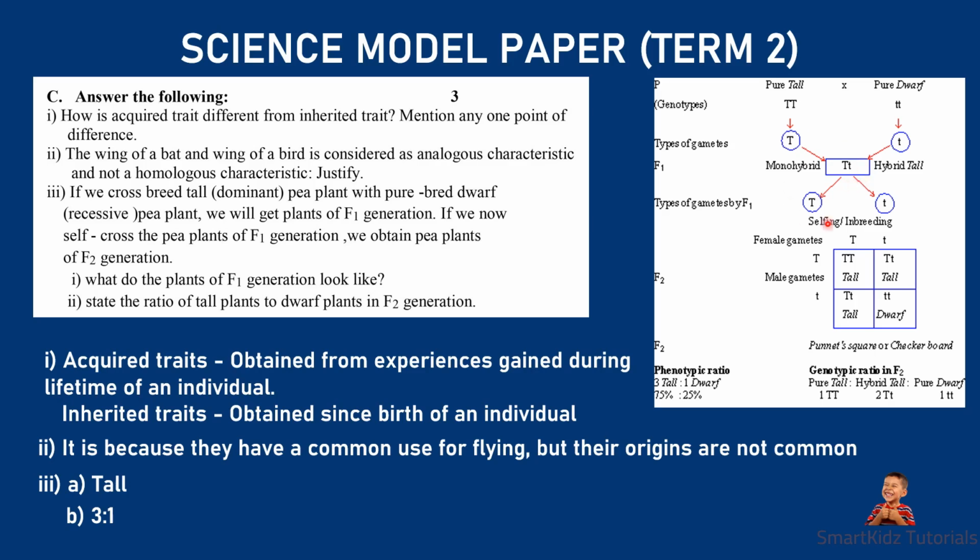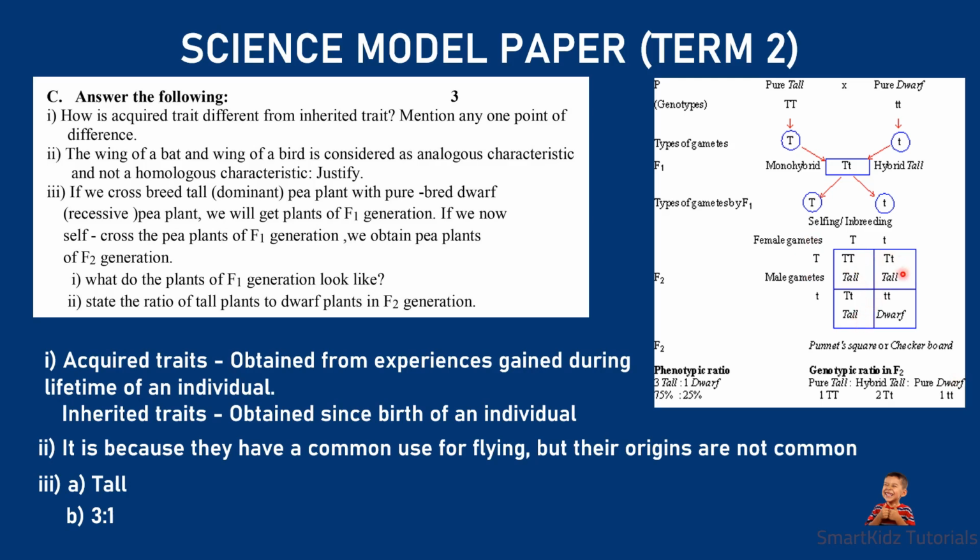So when we carry out selfing with plants which have gametes capital T small t and capital T small t, as you've seen in this cross over here, see what we get. We get capital T capital T, which is a tall plant. Then we have capital T small t, which is a tall plant.